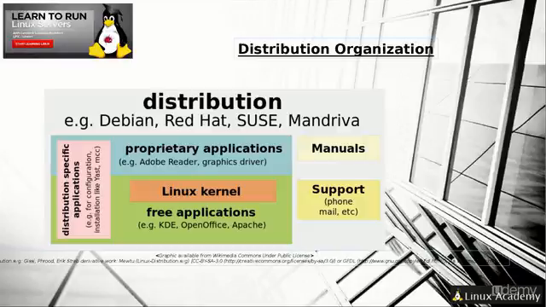And then companies that offer these distributions must offer the distribution itself for free, but the support, which can also include updates, they can charge for. Red Hat charges for access to their update network, although you can use Red Hat's Enterprise Linux and update from freely available repositories. But Red Hat makes most of its money from support, whether it be phone, mail, or on-premise.